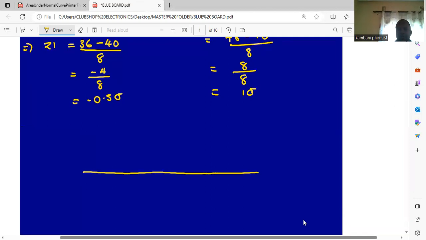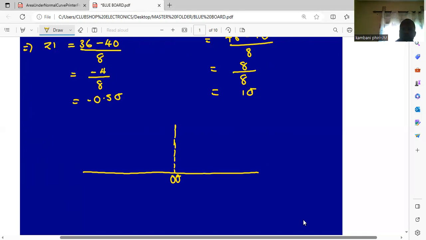Now, for you to have a clear picture, it's better you draw the normal curve. You know that the normal curve, which is the bell-shaped curve, is centered at our mu, which is 0 here.